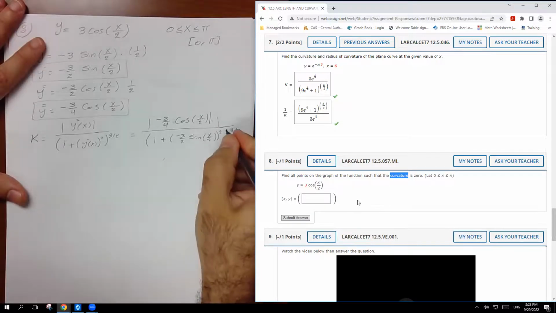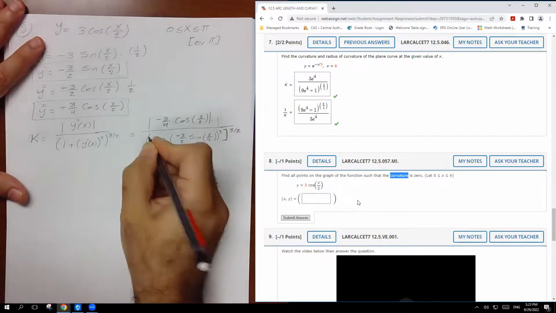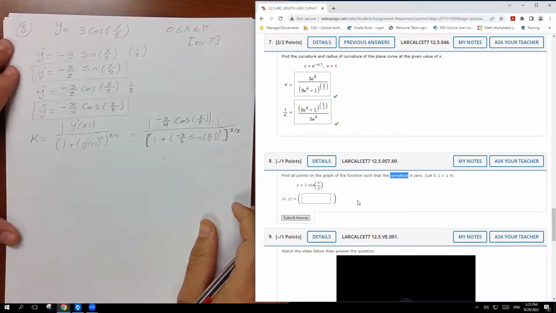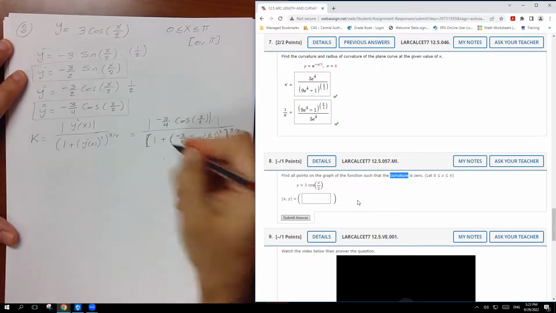Here's the mistake I always make: this is the y double prime, so cosine, and this is the y prime. So be careful here. Let's put this one in a bracket, and this is squared.